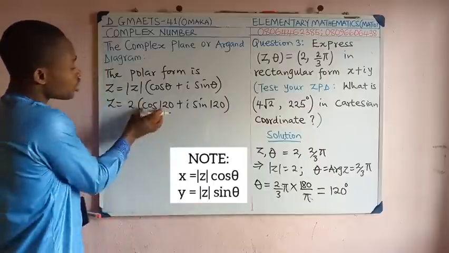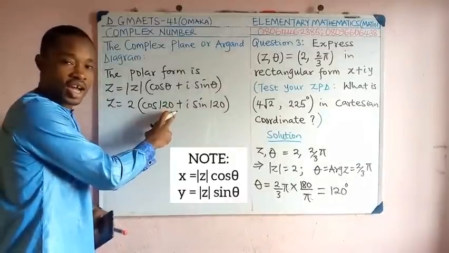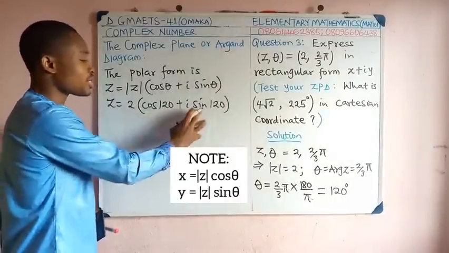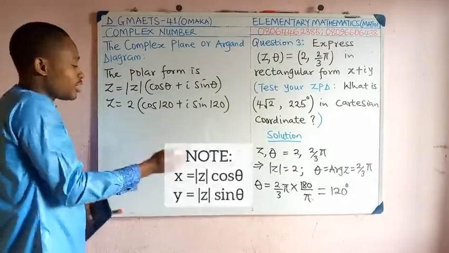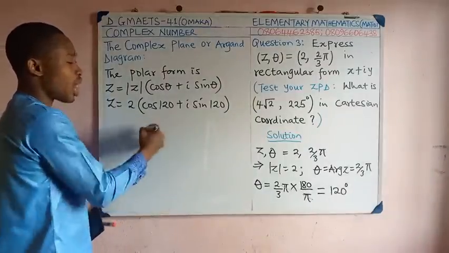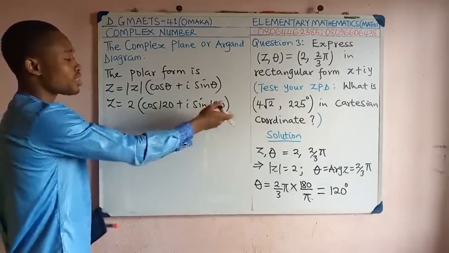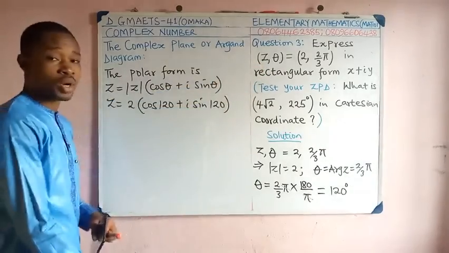Now take a look. 2 times cos 120 will give me the value of x. Are you following? And then 2 times sine 120 will give me the value of y. That's just a simple trick. I can just write that x is equal to 2 times cos 120 and y is equal to 2 times sine 120. Then you get your result in that form, x plus iy.